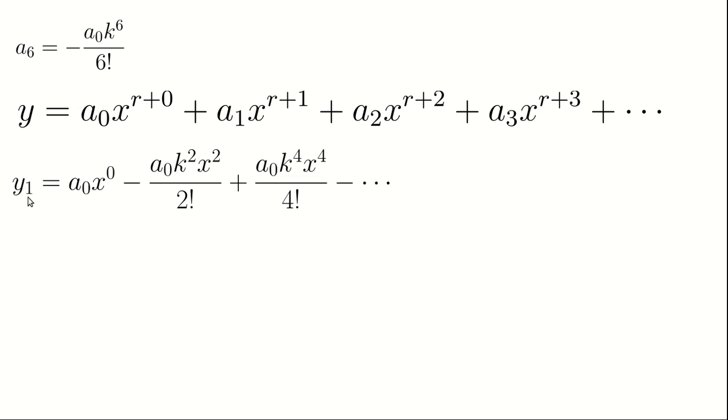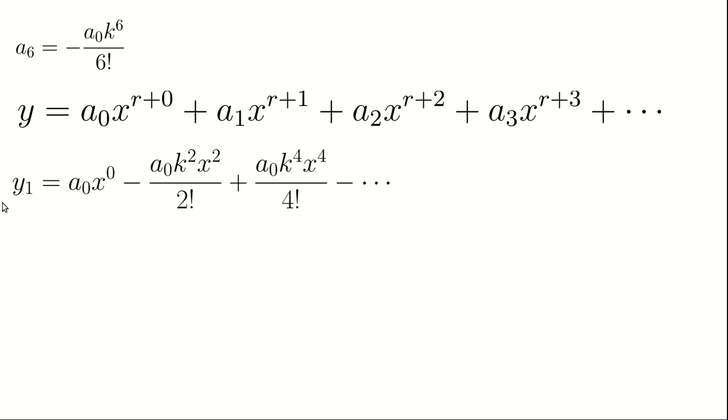y1, which is the first solution, equal to a0 x to the 0 plus 0, which is this, a2, which is giving us this, all over 2 factorial, a4 is this part minus the other parts.